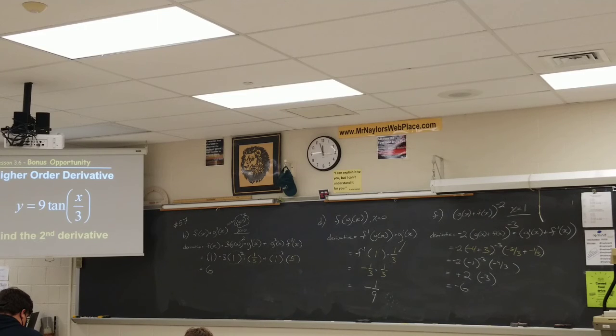So you're trying to do the second derivative of 9 tangent of x over 3. Now, I don't care if you talk about it. You guys can learn from each other. So at some point, you might decide that you want to talk to someone.